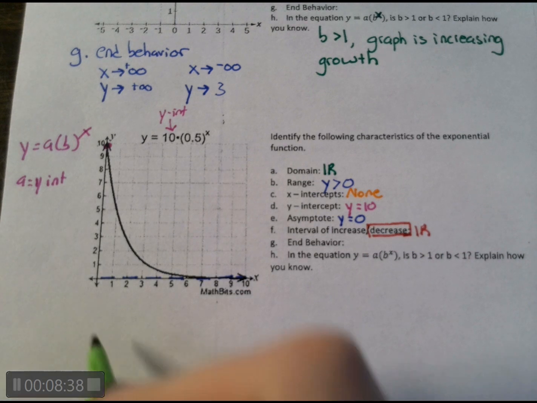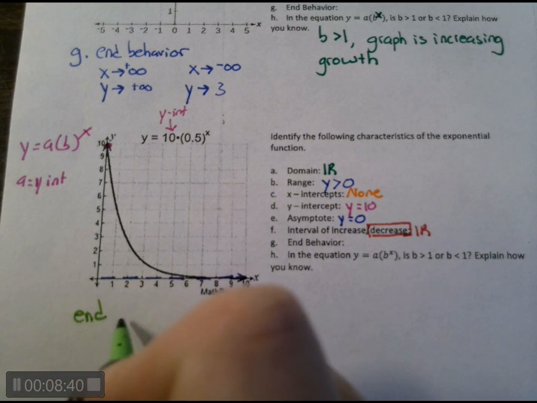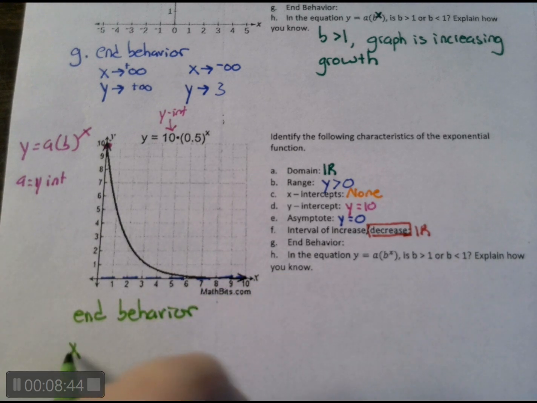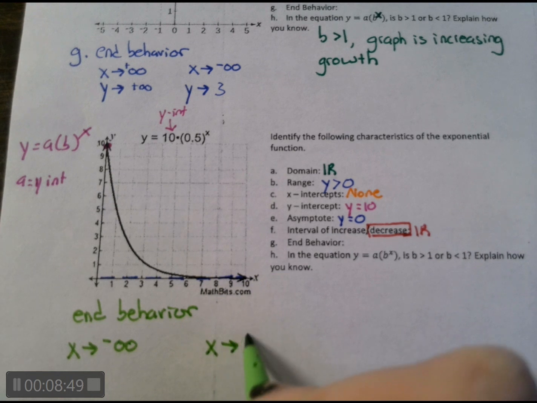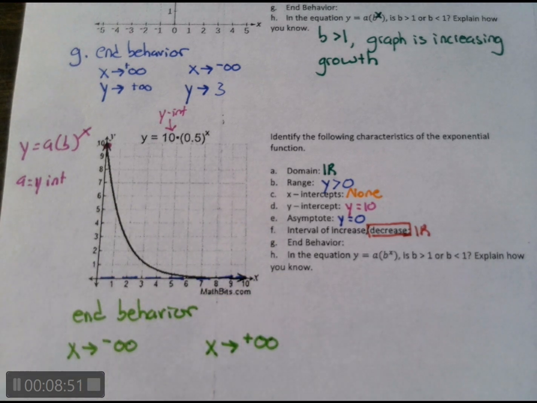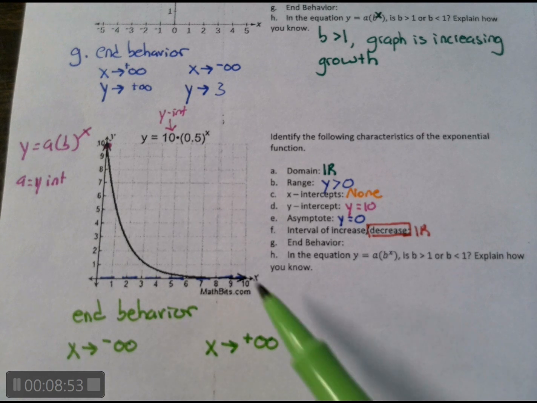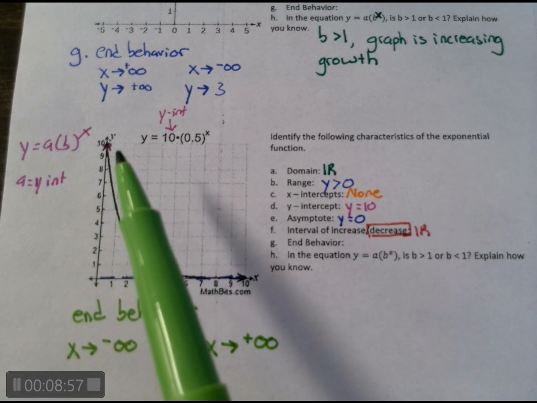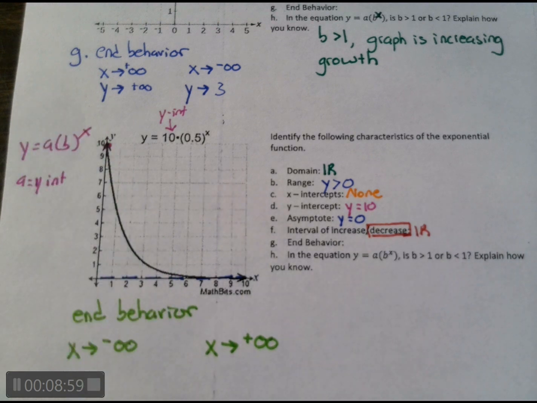Alrighty, for end behavior. So as x approaches negative infinity and as x approaches positive infinity. What is going on as x approaches negative infinity? Where's y going? It's going up. So y approaches what?